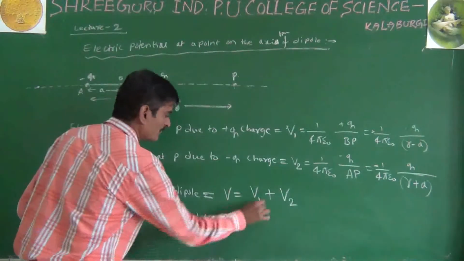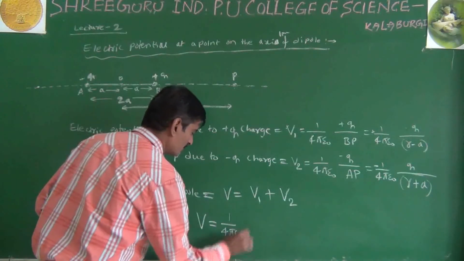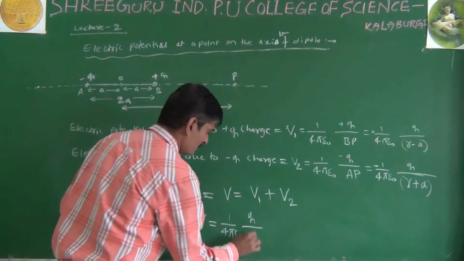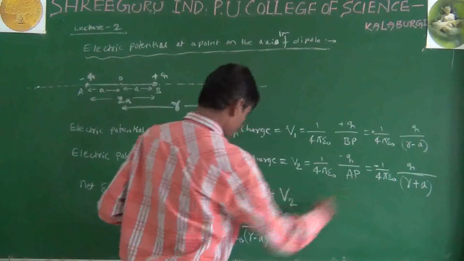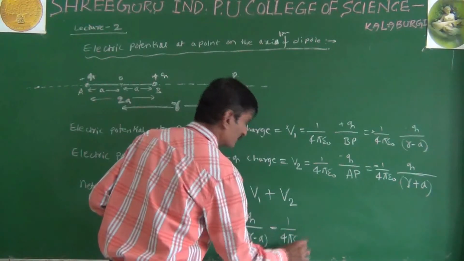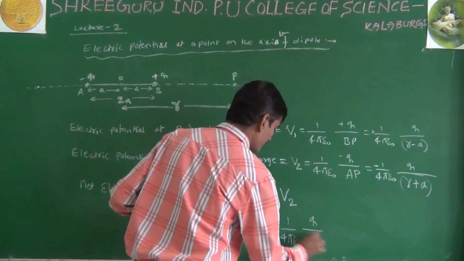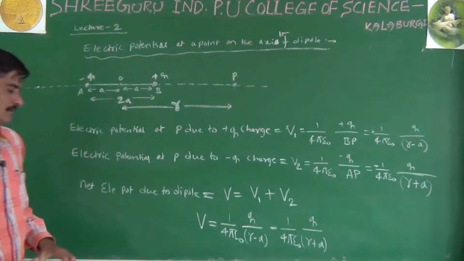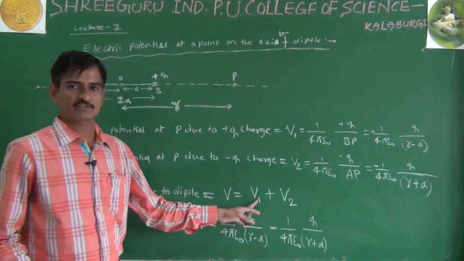So V is equal to V1, which is 1 by 4 pi epsilon naught Q divided by R minus A, and this is minus 1 by 4 pi epsilon naught Q divided by R plus A. This is electric potential due to the plus Q charge and this is due to the minus Q charge.